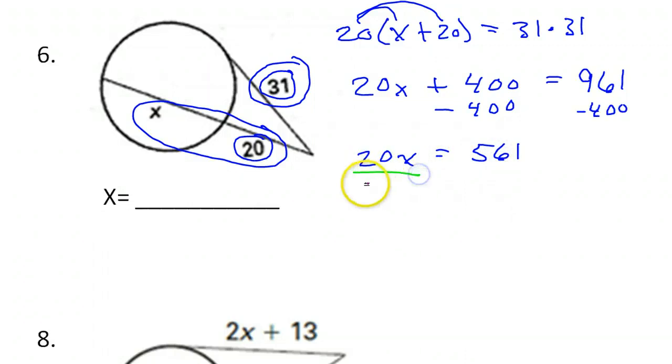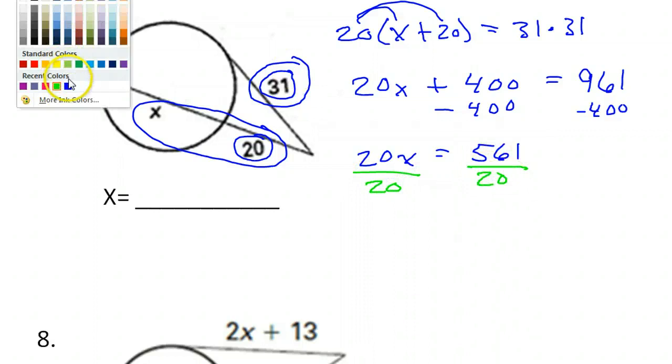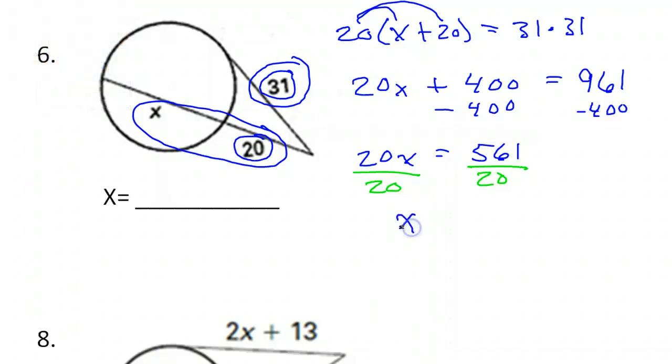Now dividing by 20 on both sides gives us x equals 28.05. To the nearest tenth, that would be 28.1. So that's it for number 6.